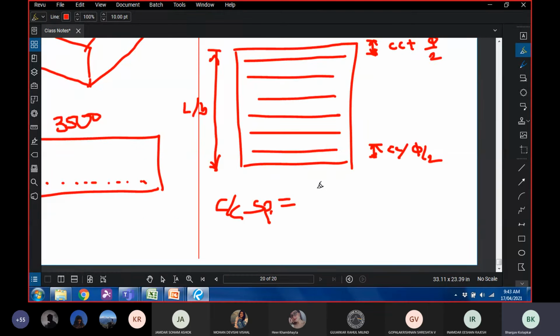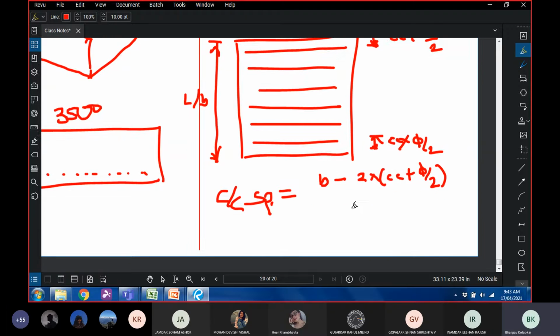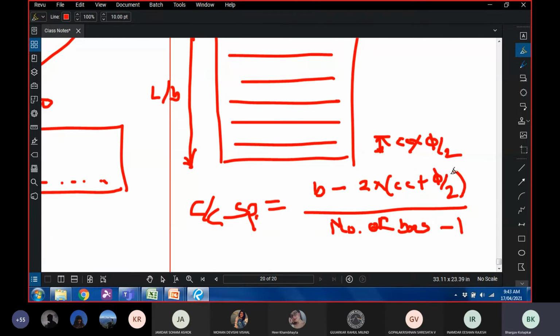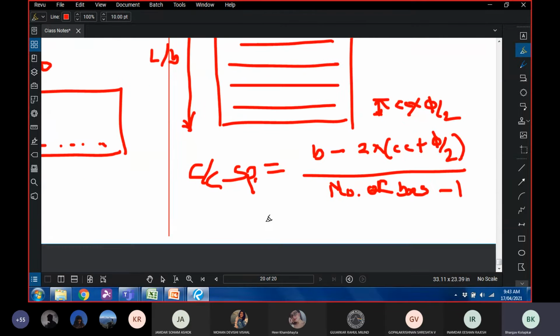So this is the total width minus 2 times clear cover plus phi by 2, divided by number of bars minus 1. Okay, because the bars are 48, the spacings are 47, and therefore center to center spacing is B minus 2 times, divided by number of bars minus 1.